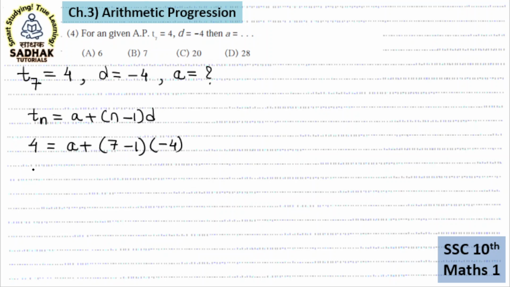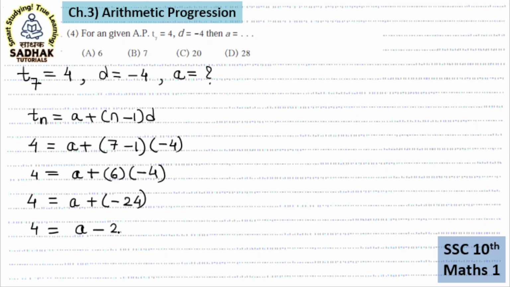So that will give us 4 is equal to A plus 7 minus 1 is 6, and 6 multiplied by minus 4 will be minus 24. So this minus 24 we can simplify one step. 4 is equal to A minus 24.